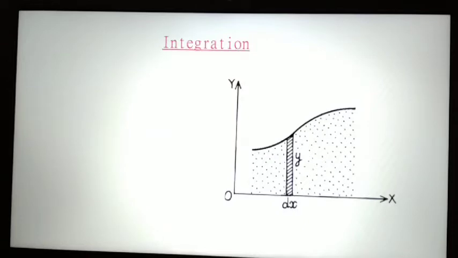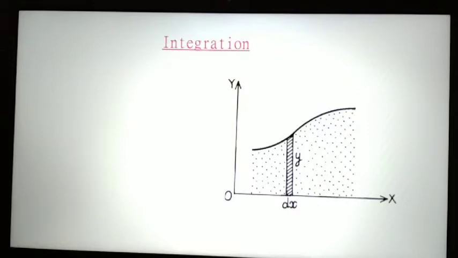So you are considering dx as small as possible, and you are considering that the total area is made up of strips of equal thickness. But you can see at the left extreme and the right extreme, the value of y will be different. So when you consider the area of each strip, dx will remain the same, but the y value will be different.